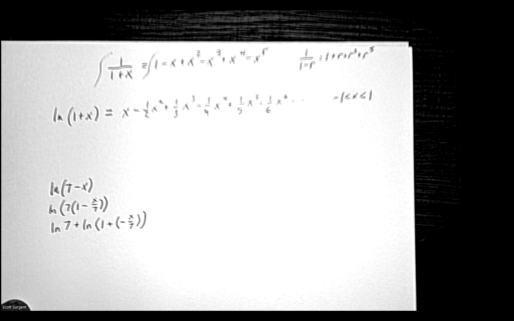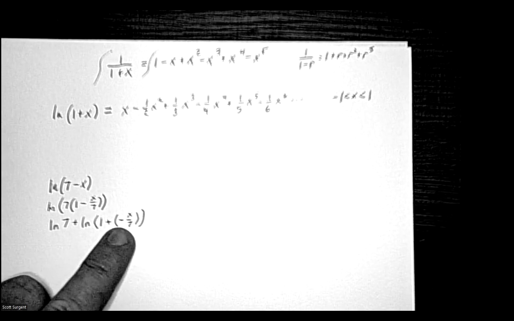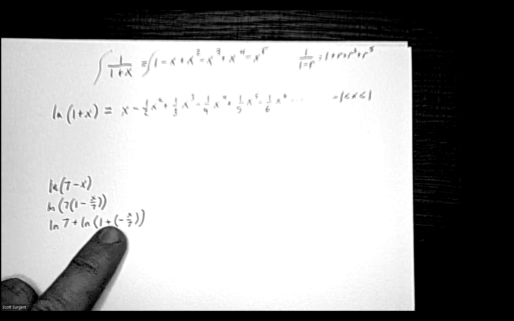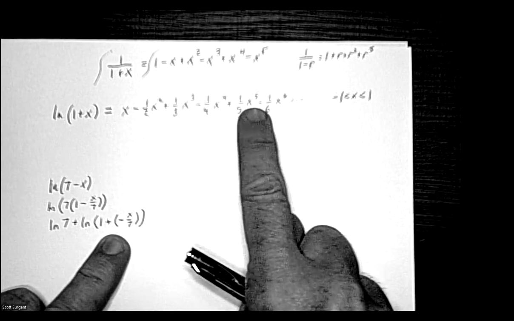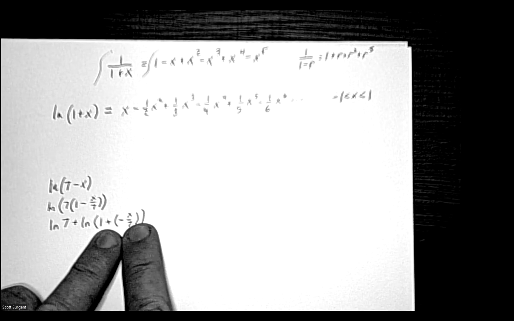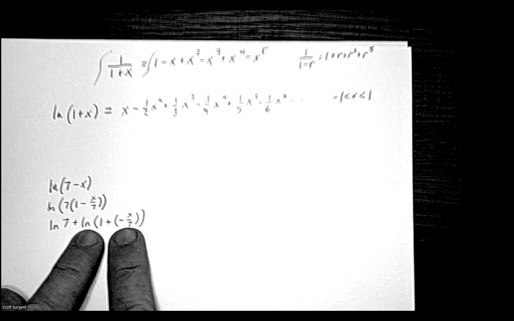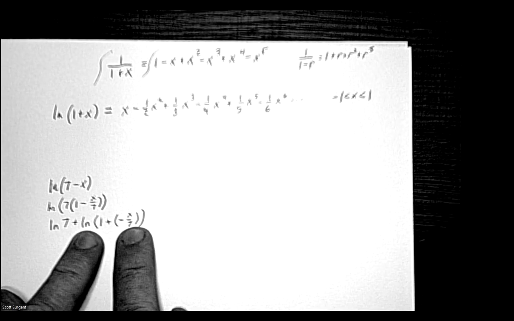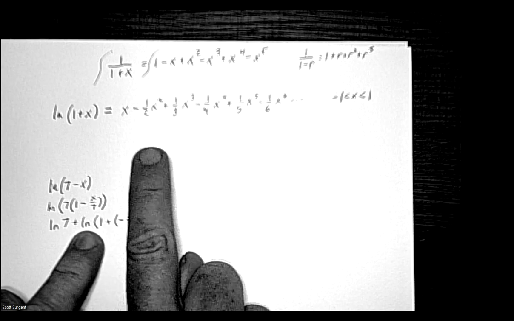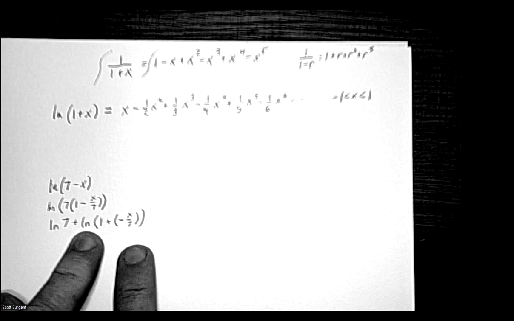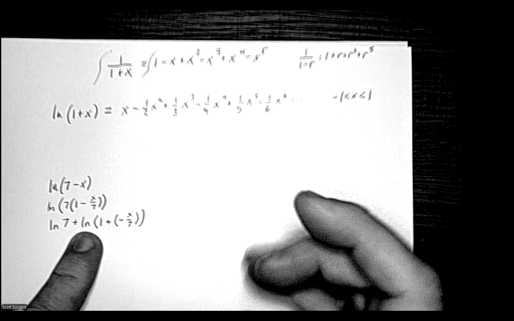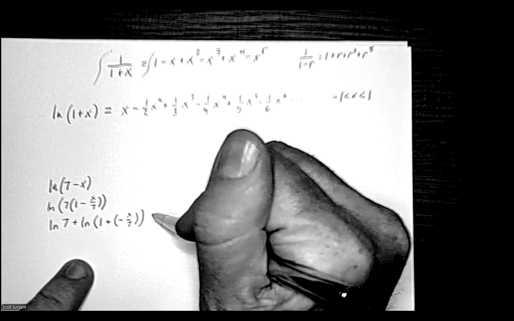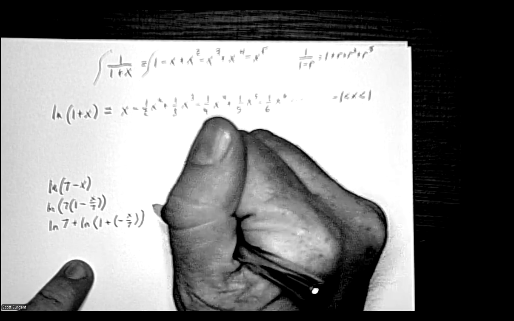Yep. So then right here, we're going to use this form here and adapt it for here. So you'll notice that what I have here is the same as what I have here, except that I have a negative x over 7. So what I'm going to do then is, well, I just need to adapt it.